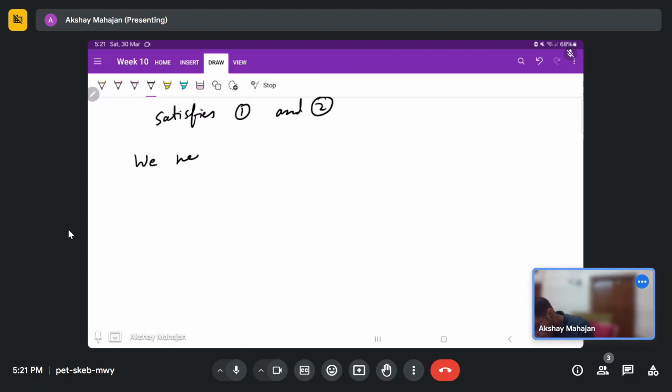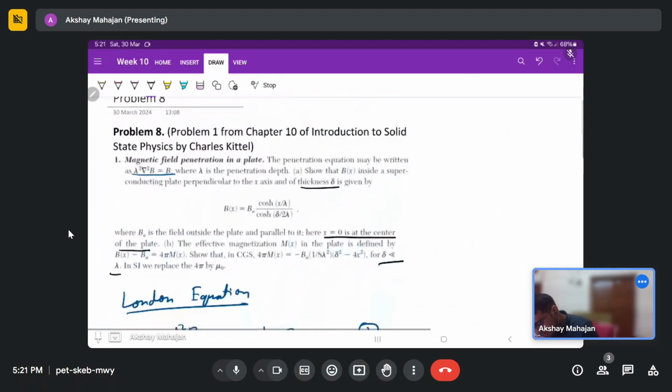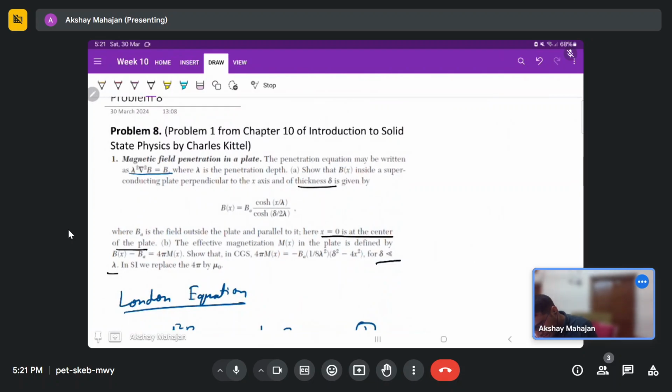Now we need to check if our assumption is correct. Basically we need to check whether this b(x) that is given to us is the solution, that is, whether b(x) inside the superconductor is given by this equation or not.